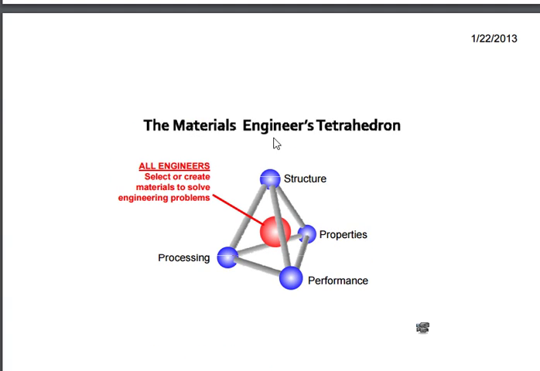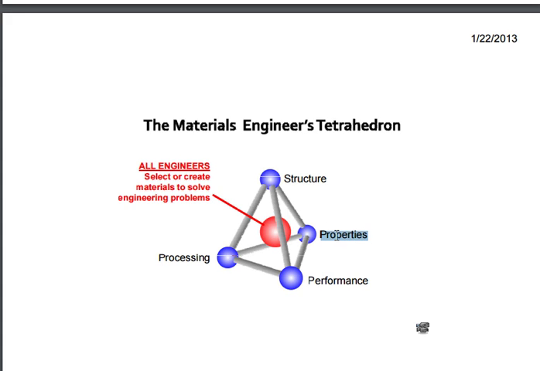Then the materials engineer's tetrahedron, where we have four different vertices. The first one is processing. Let's say if you want to use some material in a certain application, what are the different characteristics you need? First you need to know what properties are required.